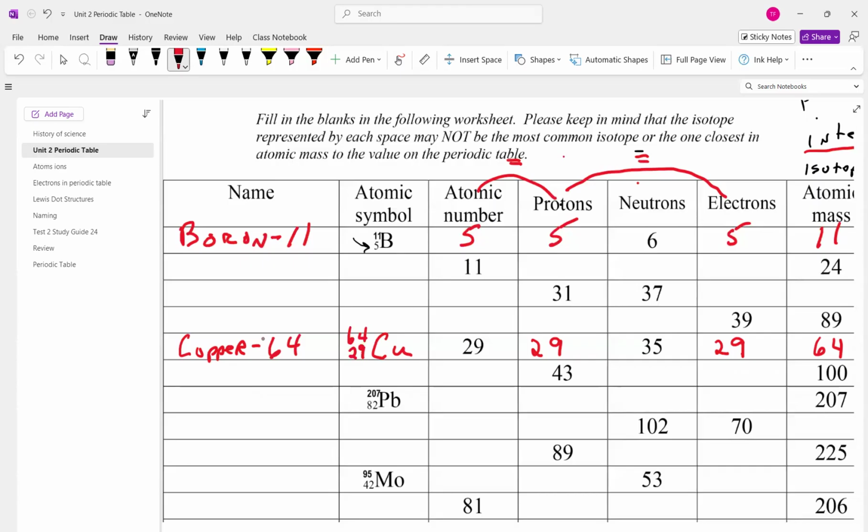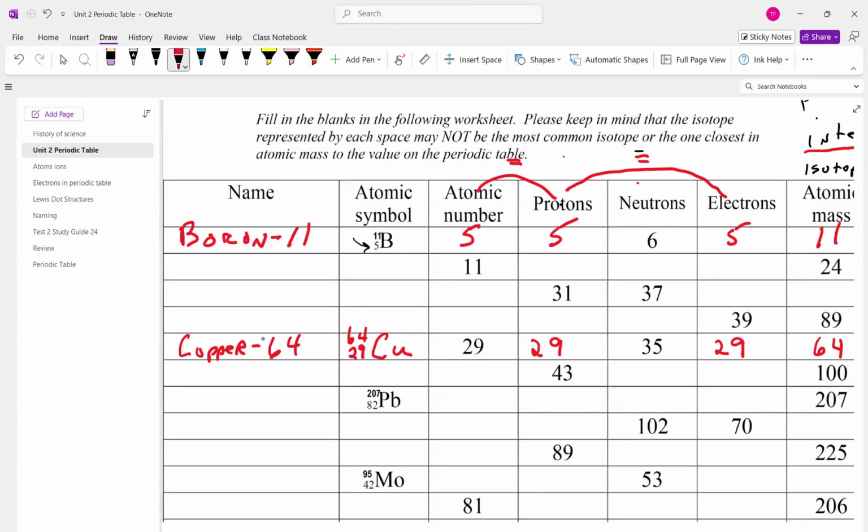Now on the test, I could ask you questions like, how many total particles are in copper 64? How would you answer that question? Well, we know protons is 29. We know neutrons is 35. So how many total particles are there? 93?